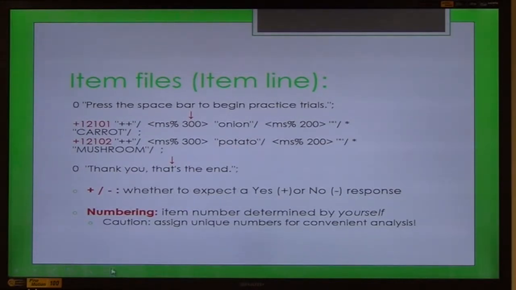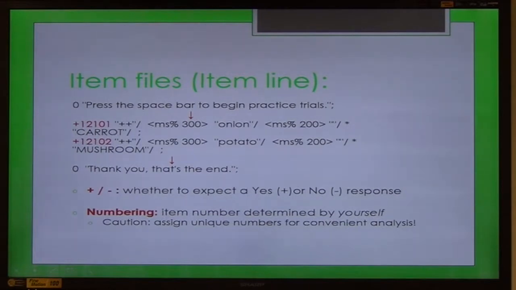And then for numbering, you can see there is 12101 or 12102. This is just your trial ID that you decide yourself. But this is really important when you are doing your own experiment. Remember to design your numbering wisely. You had better assign meaning to each of these numbers. For example, in 12101, for me, the last two digits are actually the picture file name, I would say.